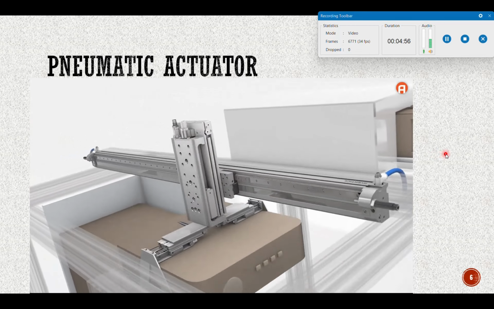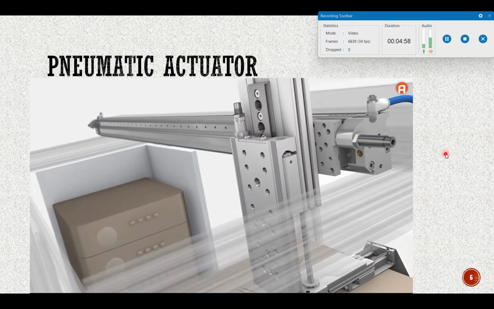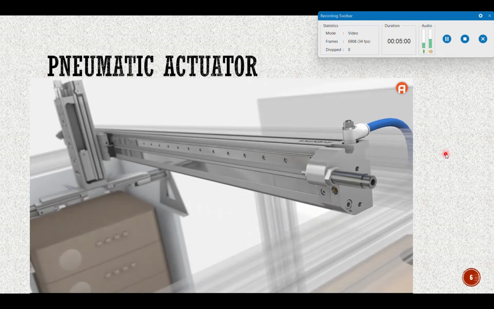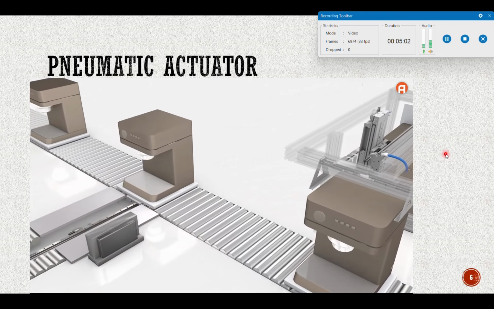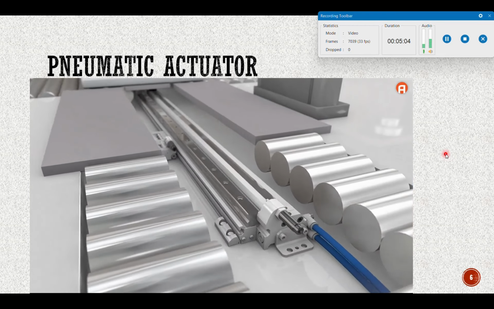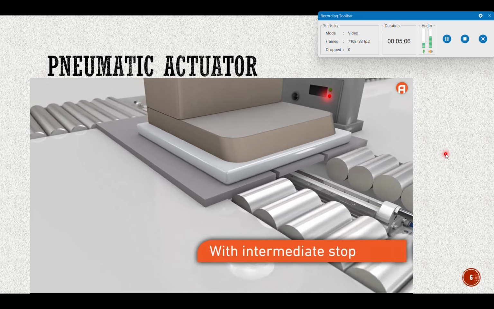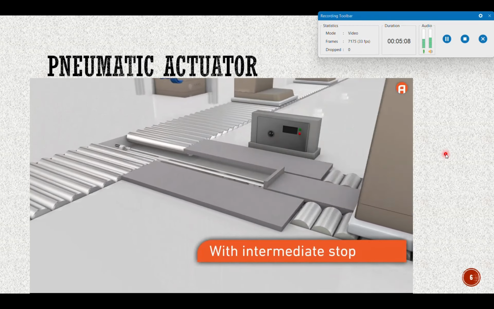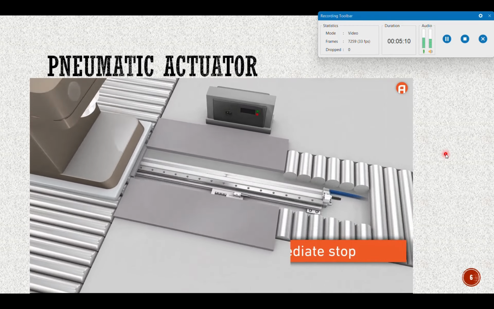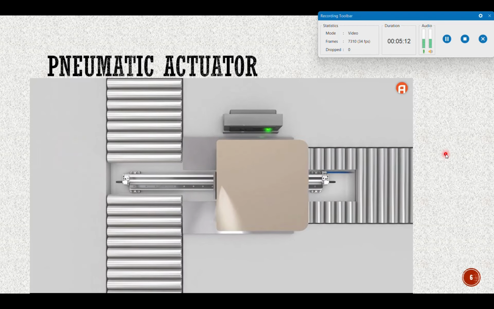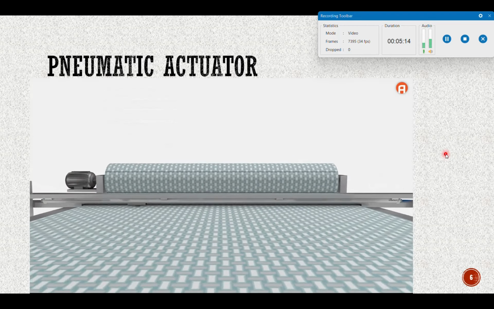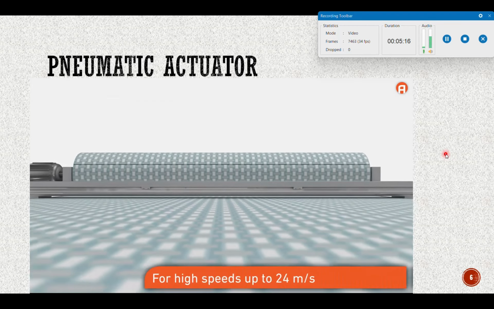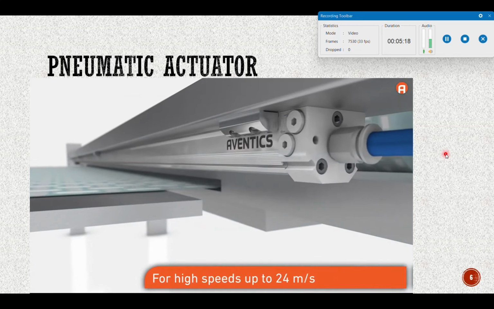With forces acting on the side, with intermediate stop, onward movement or backward movement. So this is neat. Okay. For high speeds up to 24 meters per second.